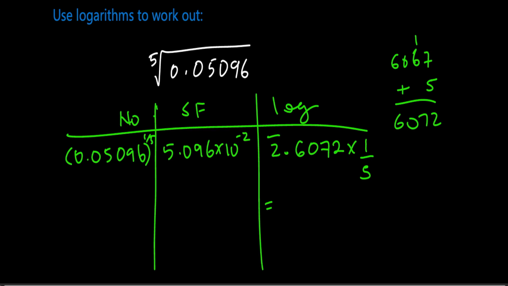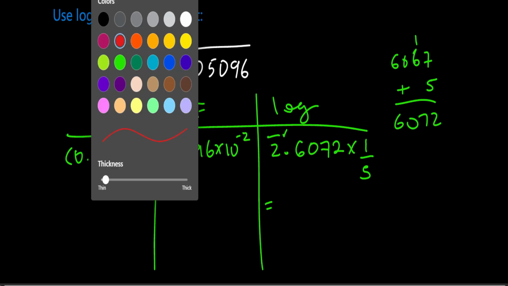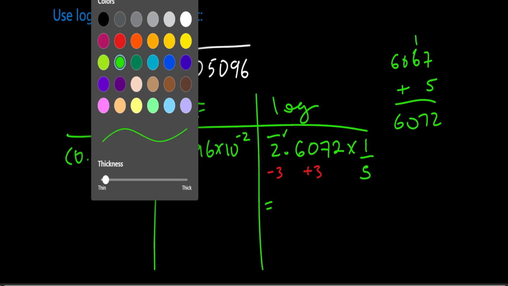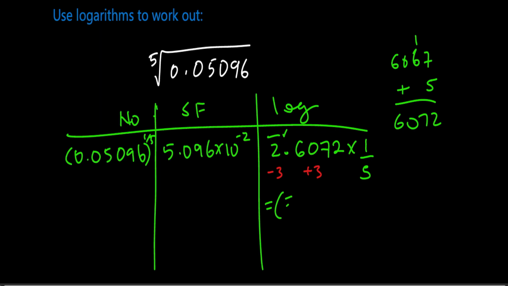Again, this is bar 2, so we need to subtract 3 so that you get bar 5, and add 3 here. So this is going to give you bar 5, and the other one is going to give you 3.7072 divided by 5.